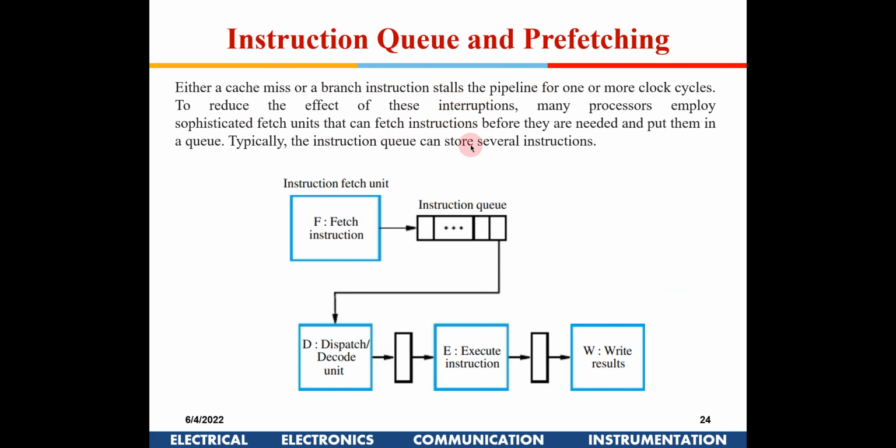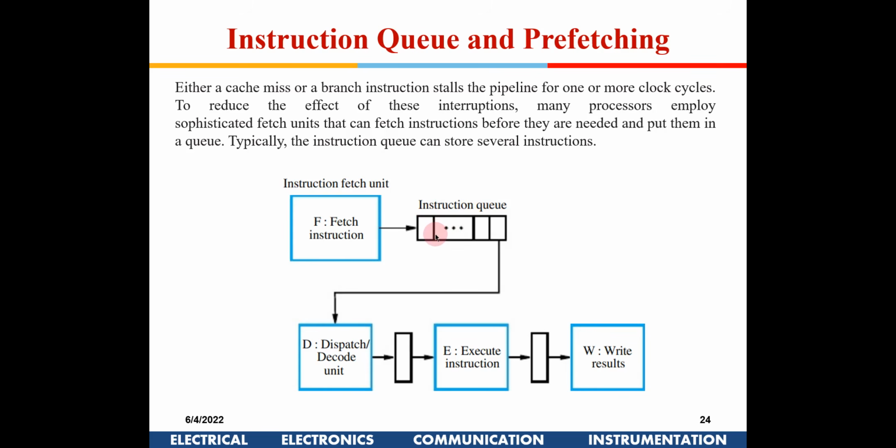So what is the way to get over that? One is instruction queuing, right? If you have learnt the 8086 microprocessor, you might have seen that there are 6 registers available as instruction queue. While I am executing, say, instruction 1, the instructions 2, 3, 4, 5, 6, 7, 8 are fetched and kept in the queue and decoding is happening, right?